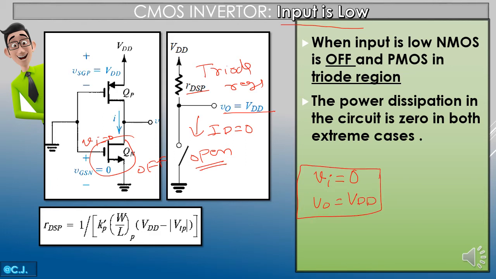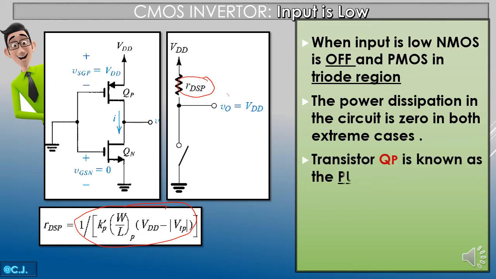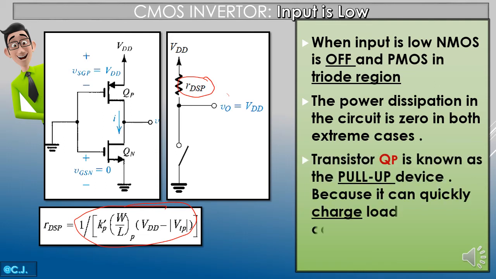It is a property of inverter. In this case also, PMOS is replaced by its drain resistance. It is called RDSP, and its value is given by this formula. Now transistor QP is called pull-up device.